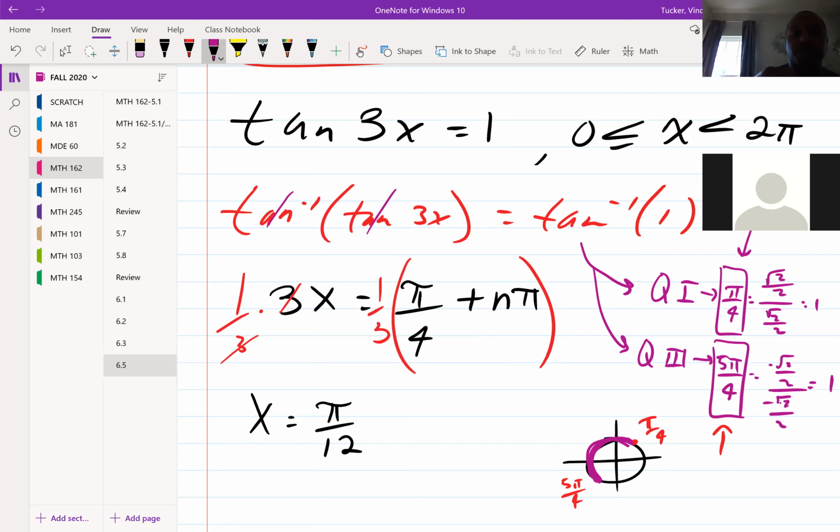Half a rotation is just pi, which is right there. So if I multiply both terms by 1/3, that will be n pi over 3. I had to write that in black. So 1/3 times pi over 4 is pi over 12, and 1/3 times the n pi is n pi over 3.